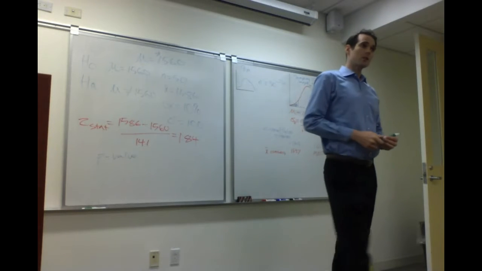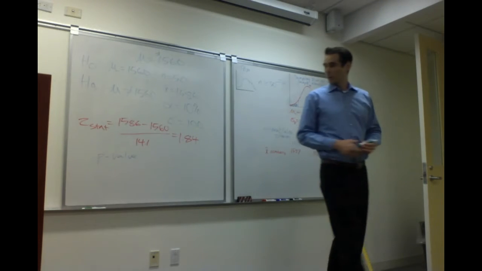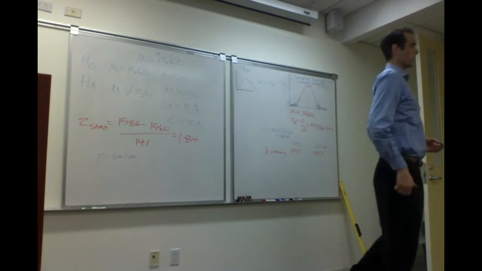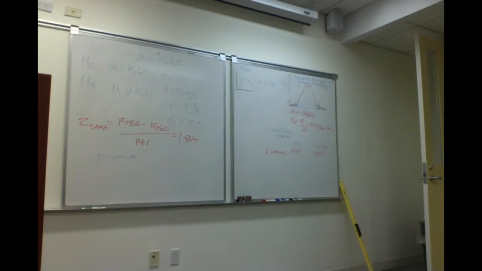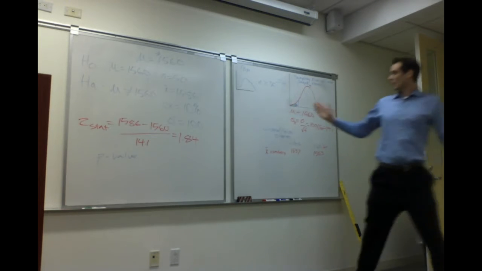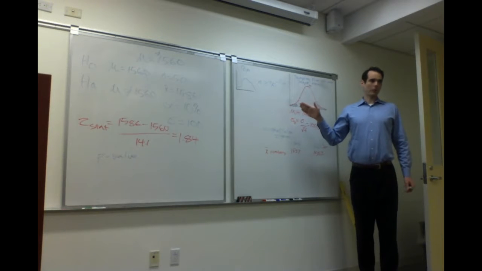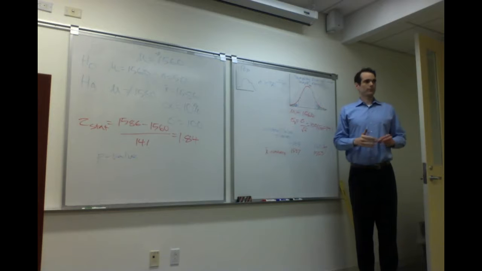We're going to look on the z-table for 1.84, and also for negative 1.84. So go ahead and crack open the z-table. The way I like to do this is to look at negative 1.84 first, and that tells you how much data is below a z-score of negative 1.84.